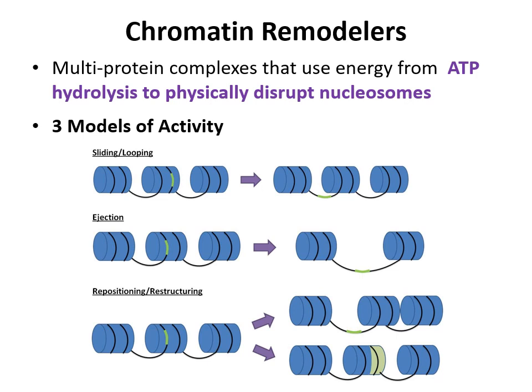Okay? So with chromatin remodelers, again, make sure you know that they are physically pulling apart or disrupting the nucleosomes, meaning the histones and the DNA, and that they use 3 methods, either sliding, ejection, or repositioning.